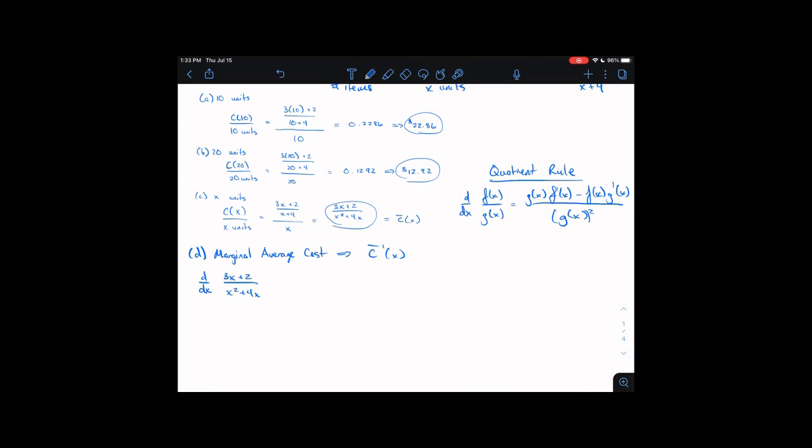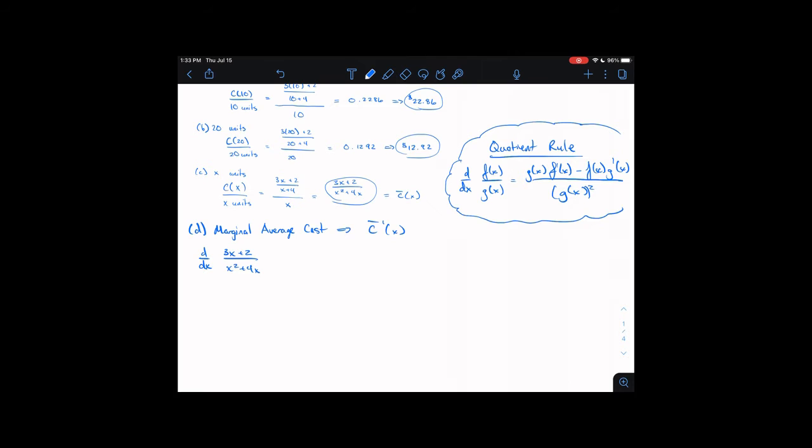So this is low times D high, the derivative of the top, minus high times D low, the derivative of the bottom, and then you square the bottom, and away we go, you're done. I don't know if that helps you. I don't use it anymore, but there's nothing wrong with using it.